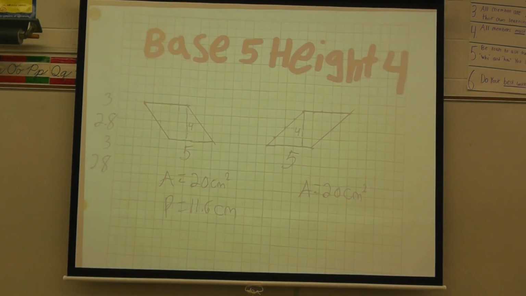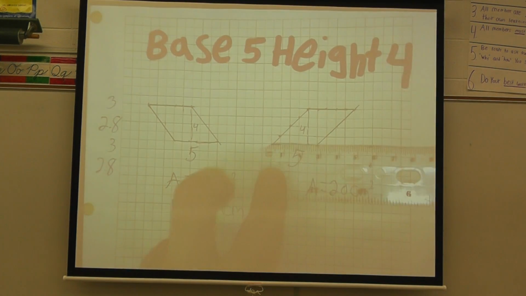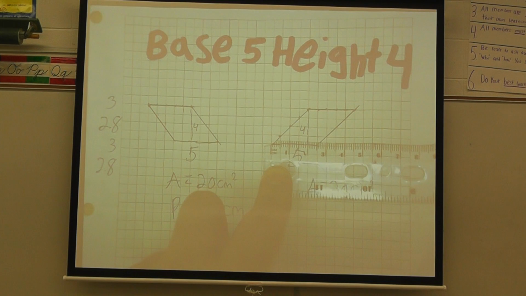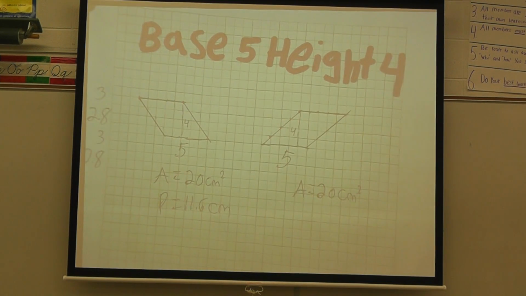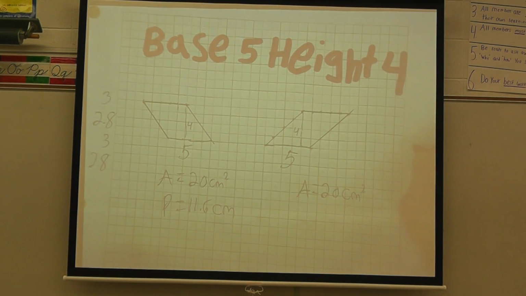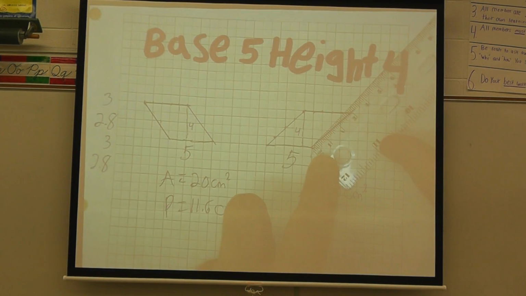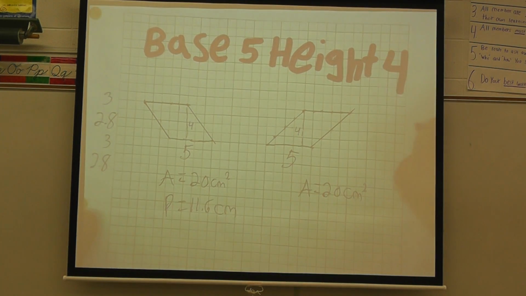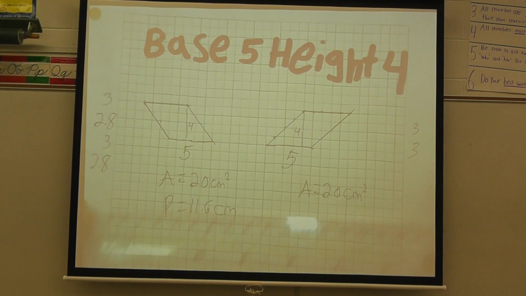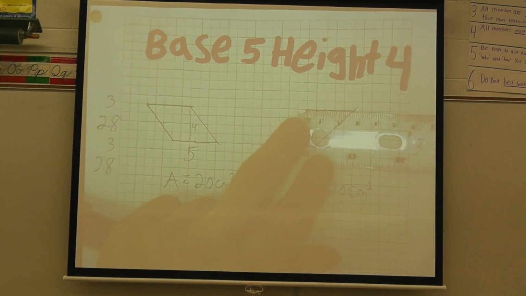I did that by using my ruler to measure the outside. Let's try this one on this side. If I measure this side, it's about 3, right on the outside. Measuring this side is also 3. The other side, if I measure it, should be about the same, and actually it's about 2.8.